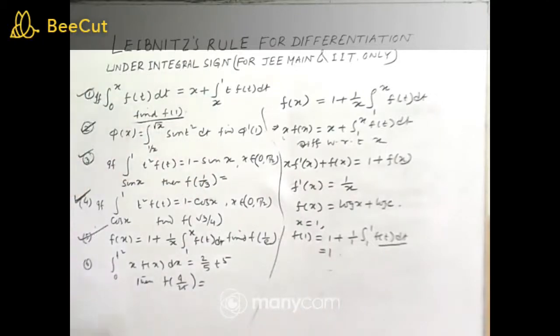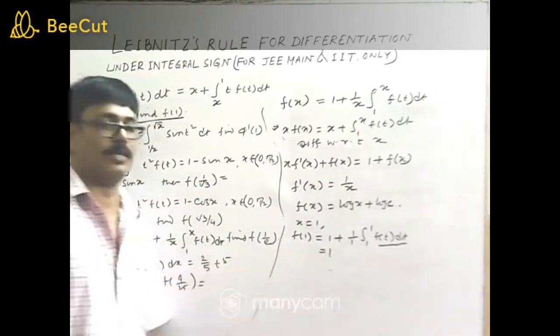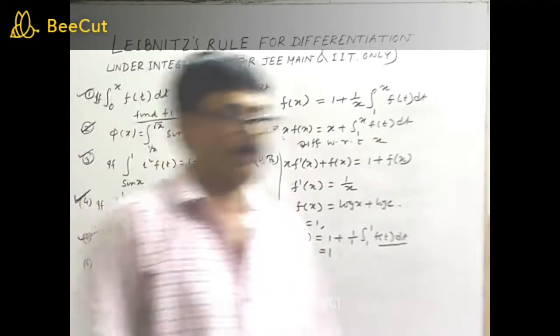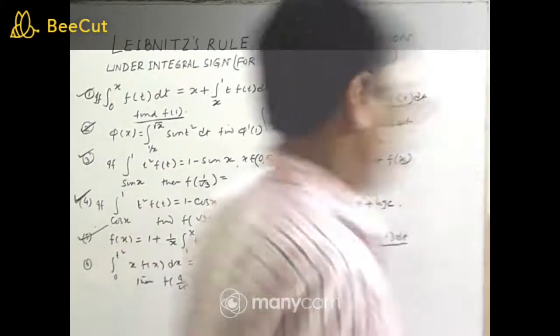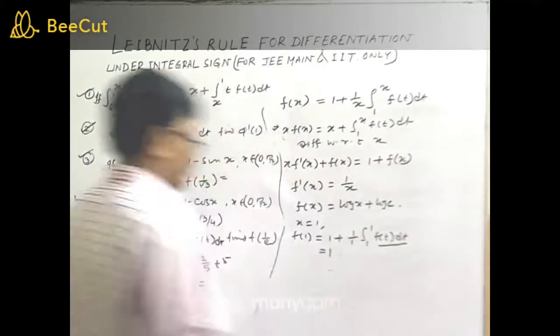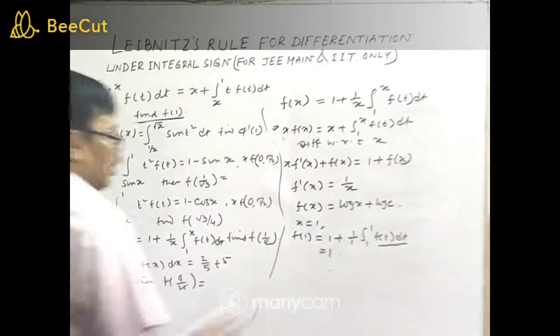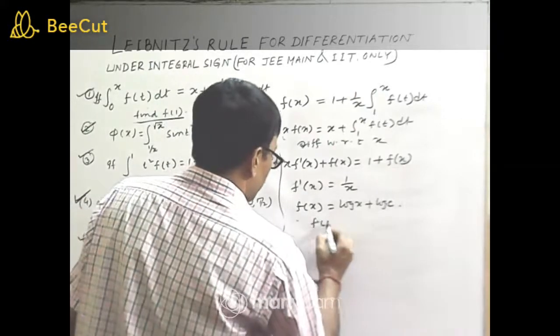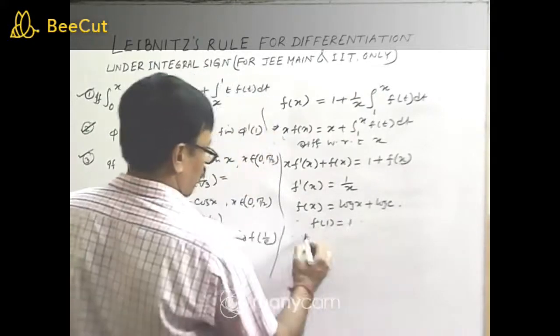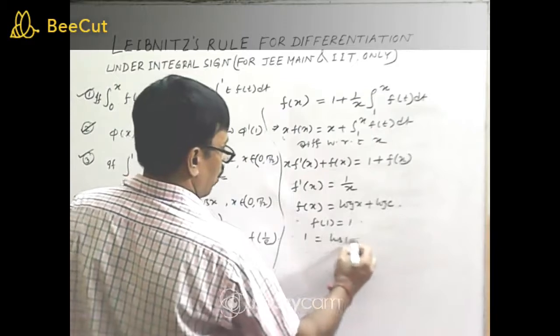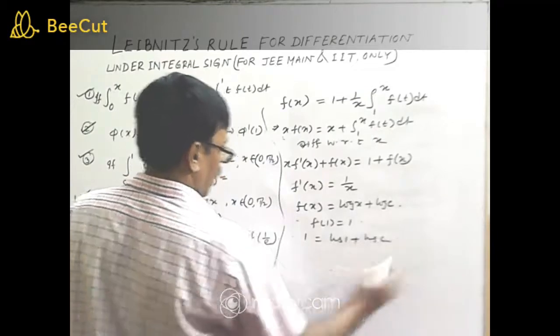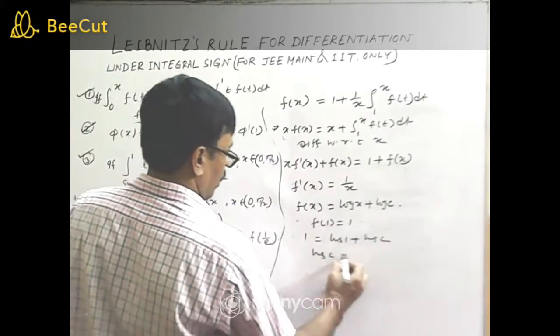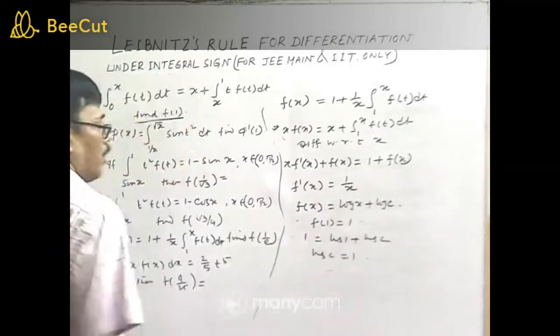So value of f(1) is not given directly, but we can find it. So f(1) equals 1. So 1 equals log 1 plus log c. So what is log c? Log c is 1.